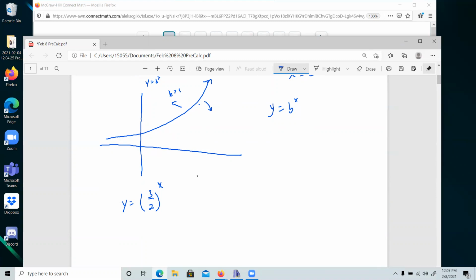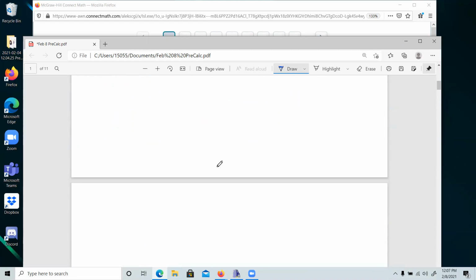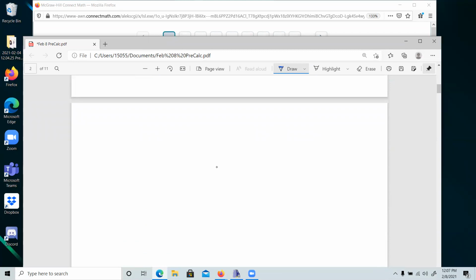Let's make a t-table and see if we can graph this. So we have y equals 3/2 raised to the x power, and here's our t-table. Let's do -2, -1, 0, 1, and 2.